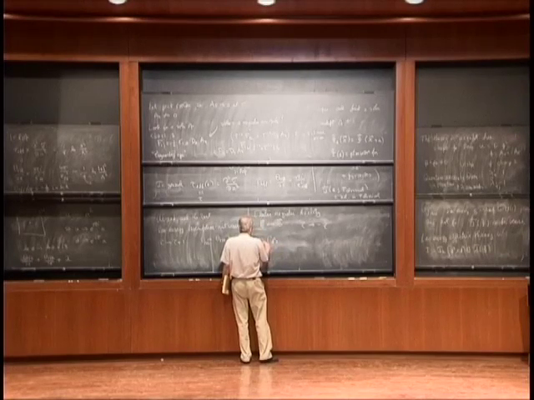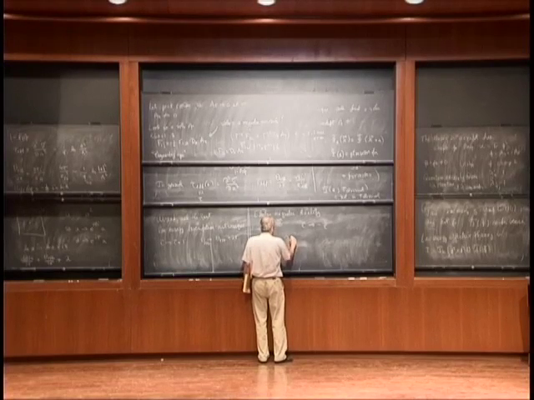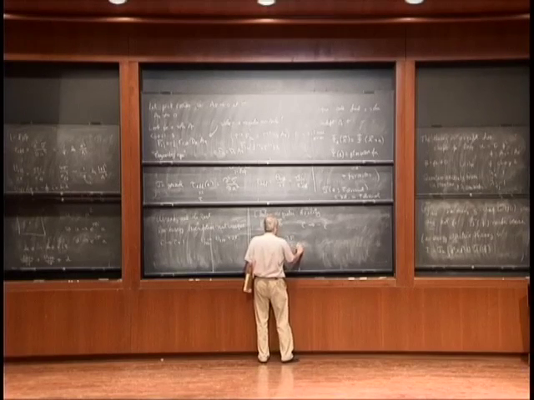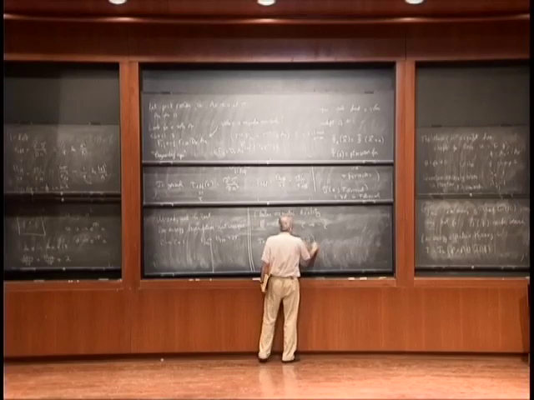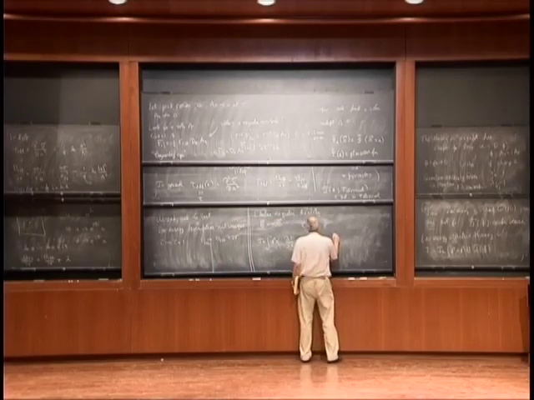There's something that I think got erased. But the part of the action that gave the kinetic energy for the scalars, when we last saw it, looked like this. But we're going to integrate by parts.